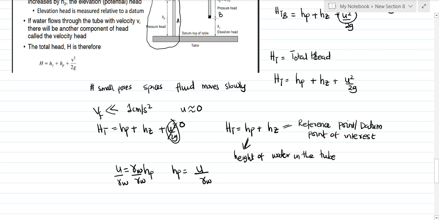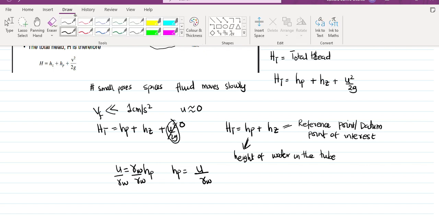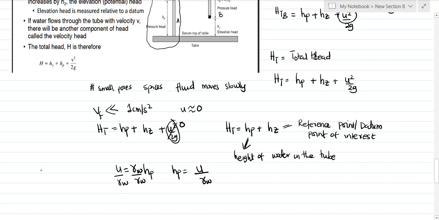So we need to note this. Are you okay? The equation that we'll be working with for fluid moving through soil will be given by the pressure head plus the elevation head, and that is our Bernoulli's equation.